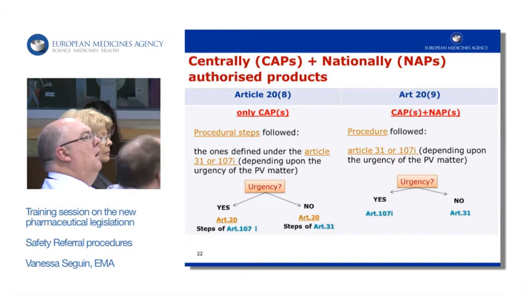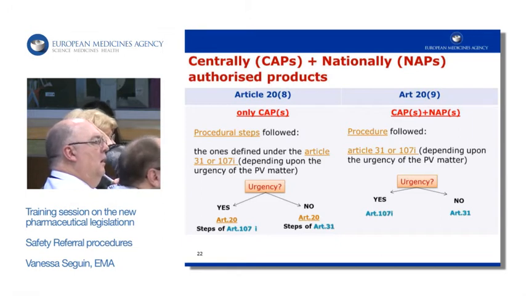For the Article 20, what was added within the frame of the new legislation is the Article 28 and the Article 29. The Article 28 concerns only centrally authorized products, and the Article 29 concerns both centrally and nationally authorized products.